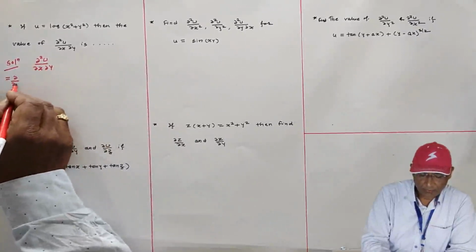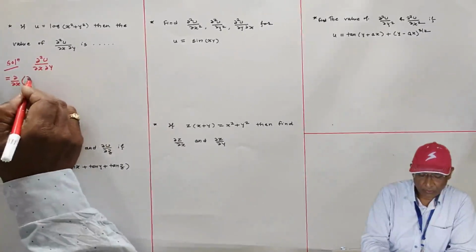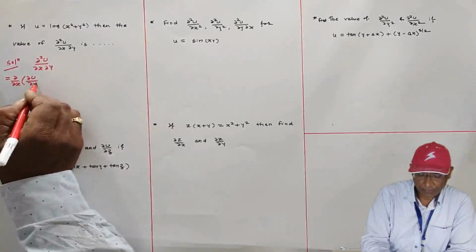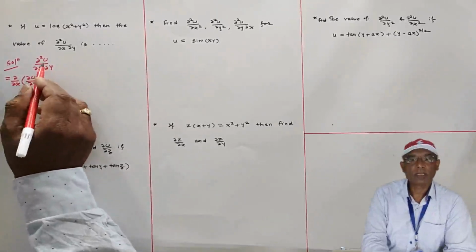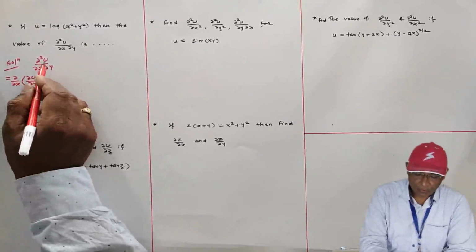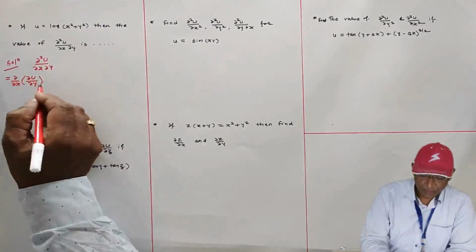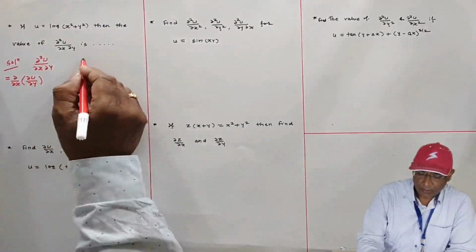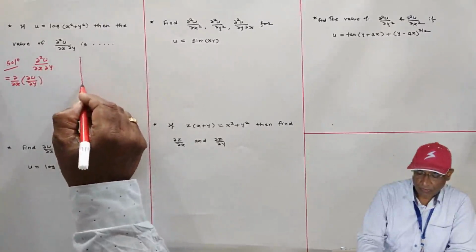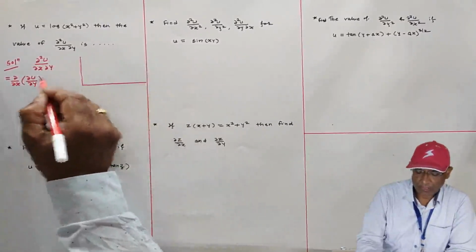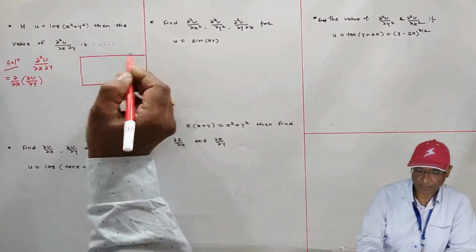Del x of del u by del y. Okay, this is the derivative of del u by del y with respect to x. Now, find the value of del u by del y separately, because it is required here.